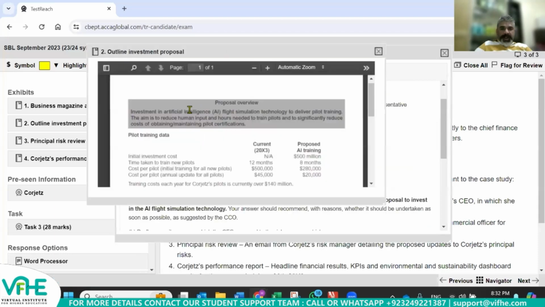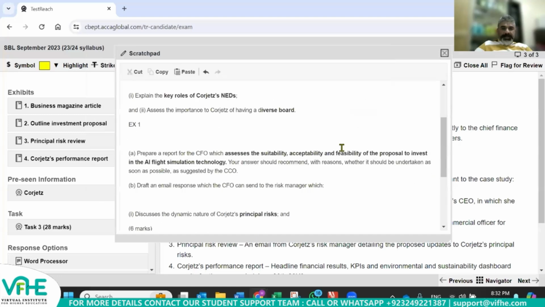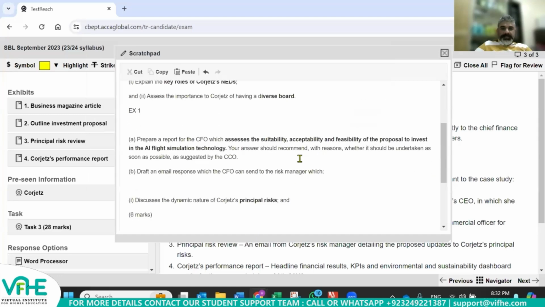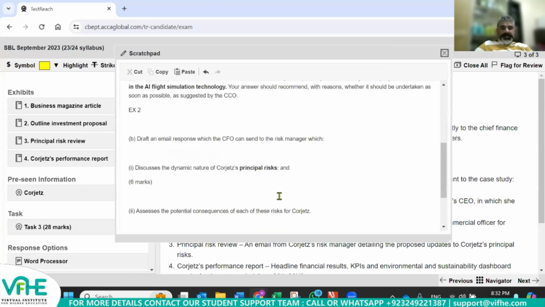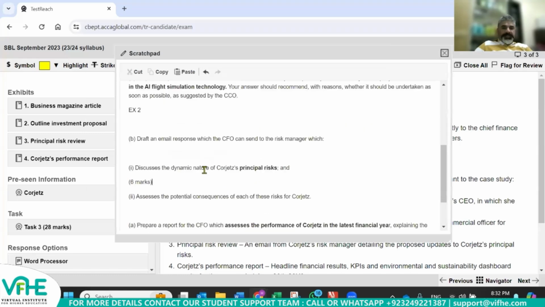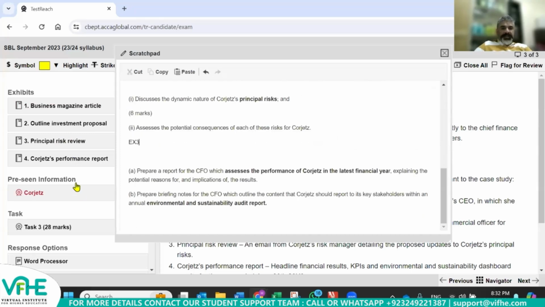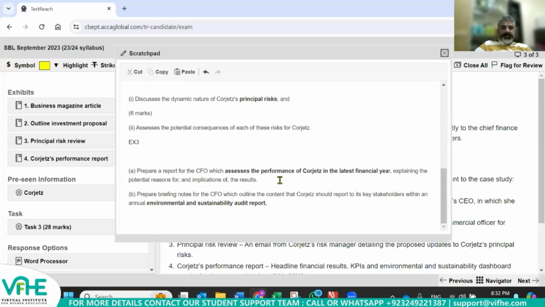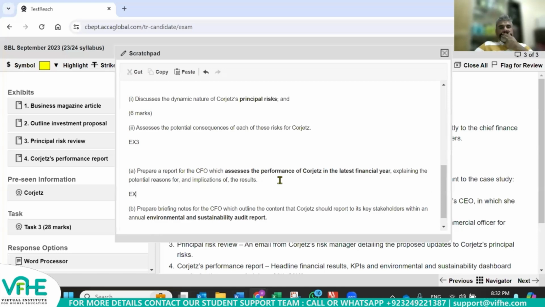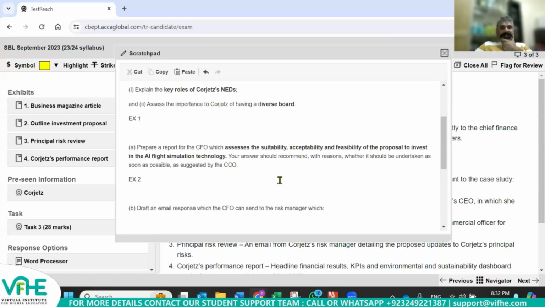This one talks about the artificial intelligence simulation system. So I know this one is exhibit 2, right? Principal risk is exhibit 3. You see, I'm just cross-referencing. Performance report. So I'm pretty sure this one is this one. Done. So I know which exhibit is which.